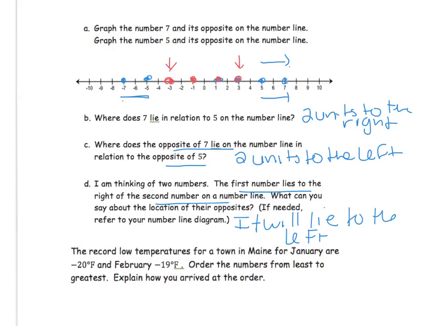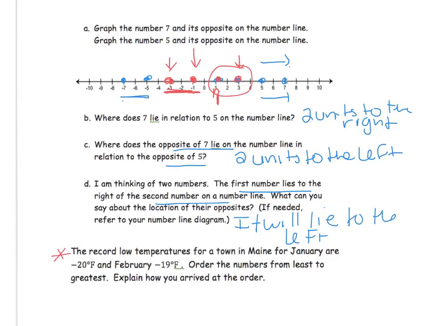Or if these were the numbers I was thinking about, the first number lies to the right, so if we look at the opposites, the opposite lies to the left.